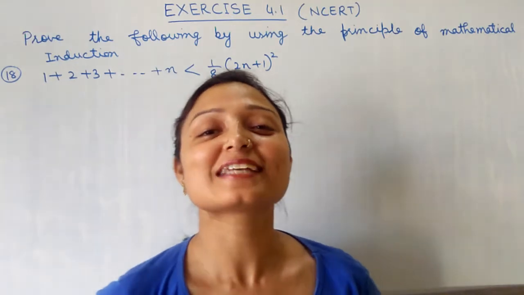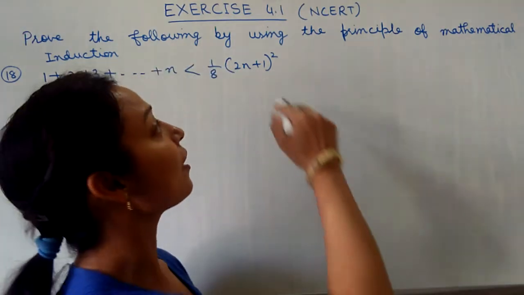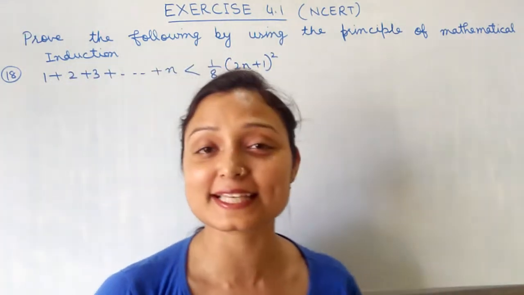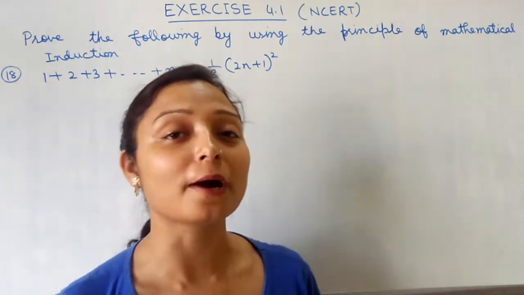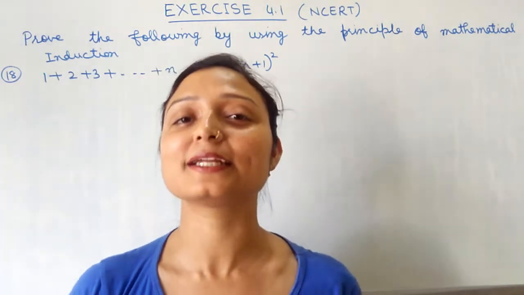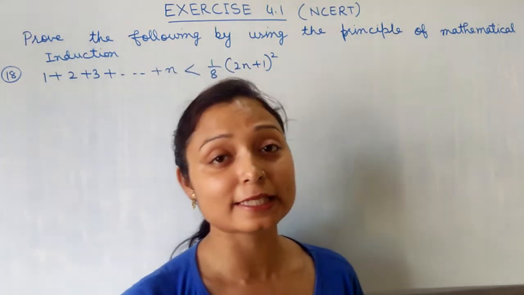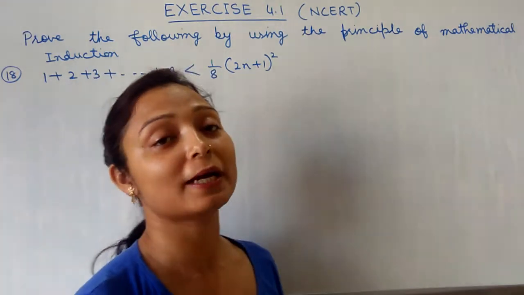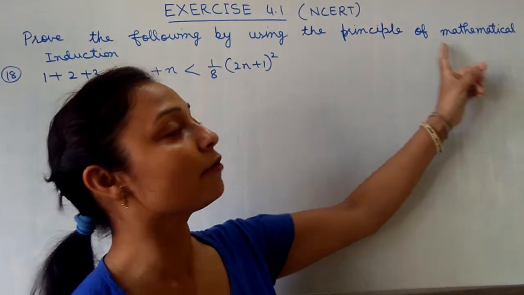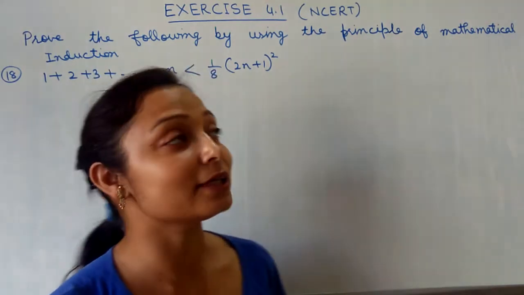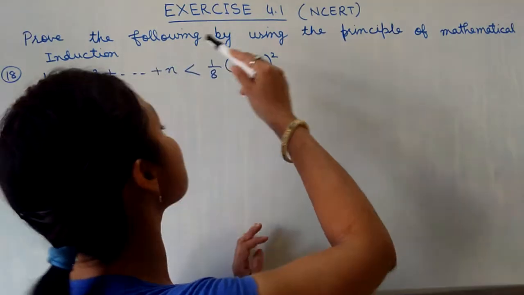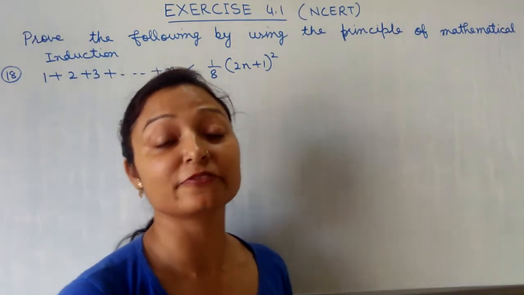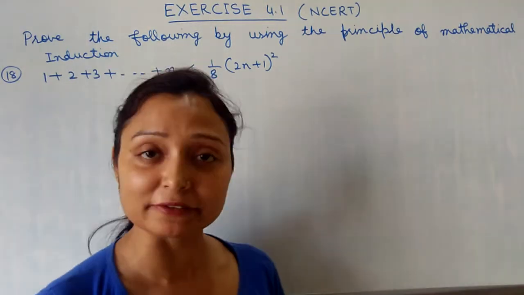In the lecture of class 11th, today I will solve exercise 4.1 of NCERT. I have told you about the first type of statements which you have to prove step by step by using the principle of mathematical induction. The first 17 questions are of that type, which I explained in my previous lecture.